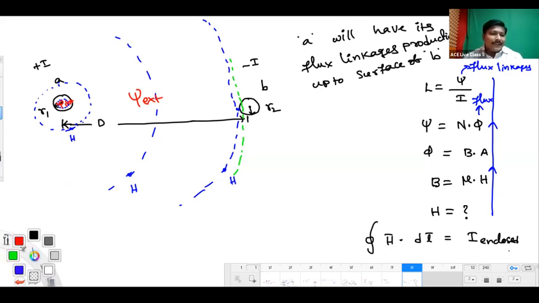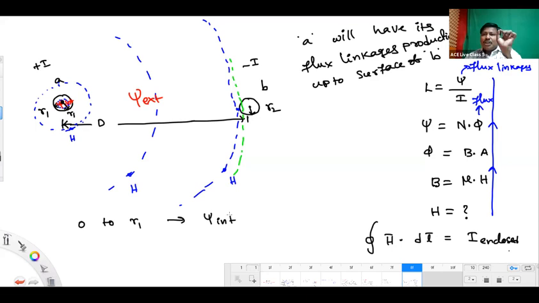Let me assume this as the center, the center of circle A, means conductor A is the center. What linkages do we have from 0 to R1? Internal, that is inside the conductor, right? 0 is the center of conductor A, so 0 to R1 is inside the conductor only. We get the internal linkages.